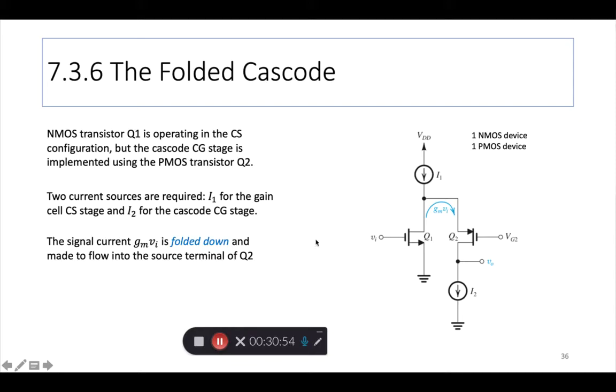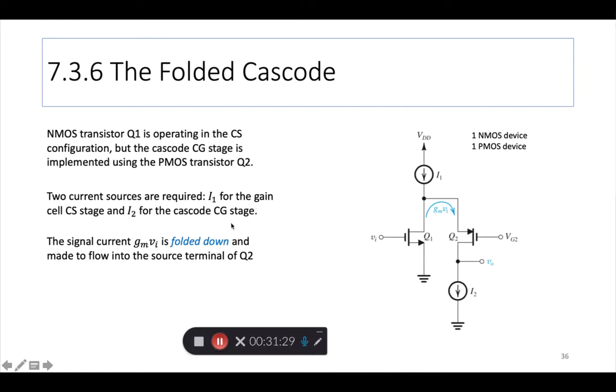So here you have an NMOS gain cell, but the cascode is a PMOS device. If you put a second cascode stage using a PMOS transistor, it offers some improvements in performance, and you can do a lot of double cascoding using this, triple cascoding, you can try it.